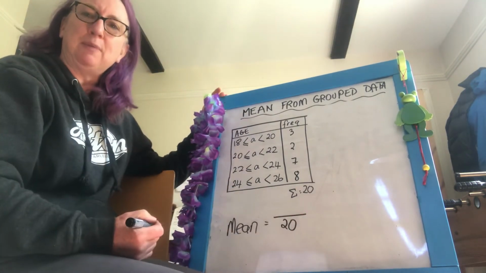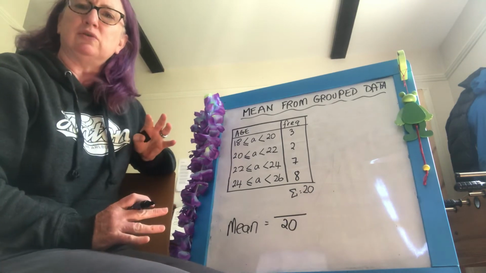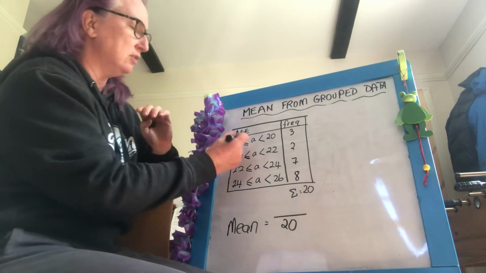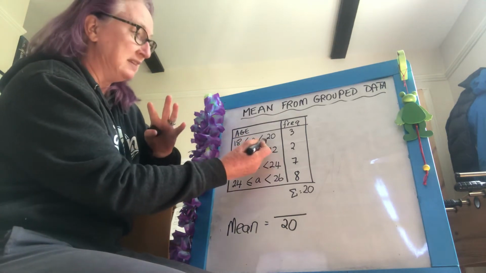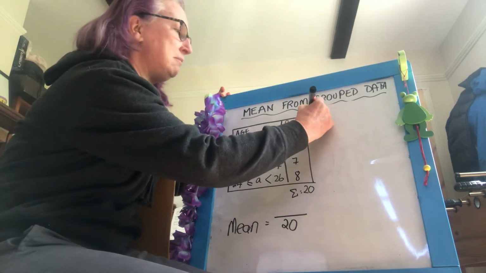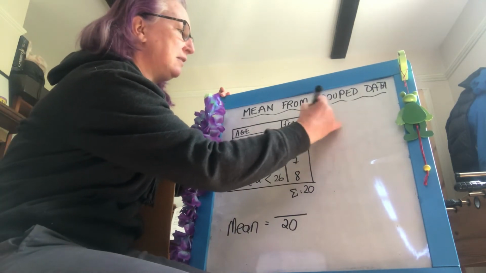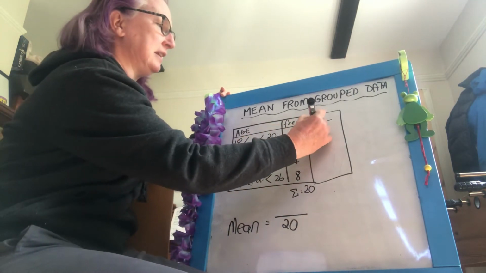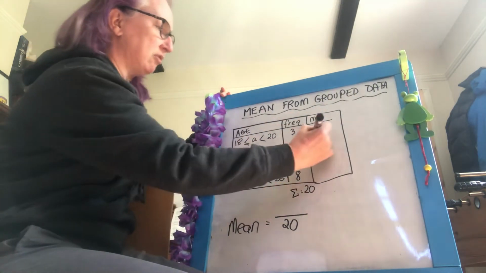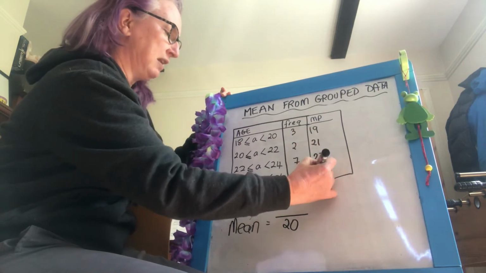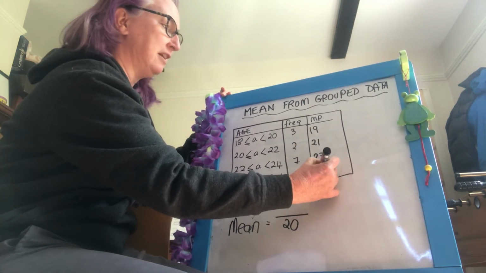So we have to add up all the scores, but we don't know what all the scores were individually, so we need to make an estimate of those. So we're not going to use 18 or 20, we're going to balance them out and say, well, in the middle here, the midpoint of this group is 19. The midpoint of this group is 21, the midpoint here is 23, and the midpoint here is 25.